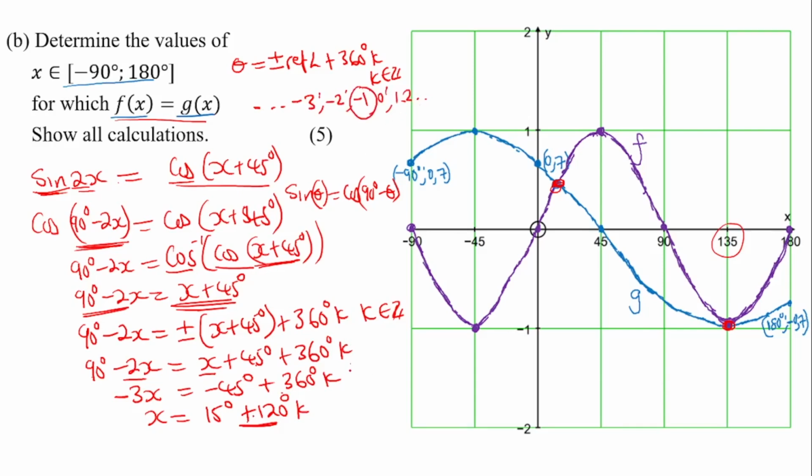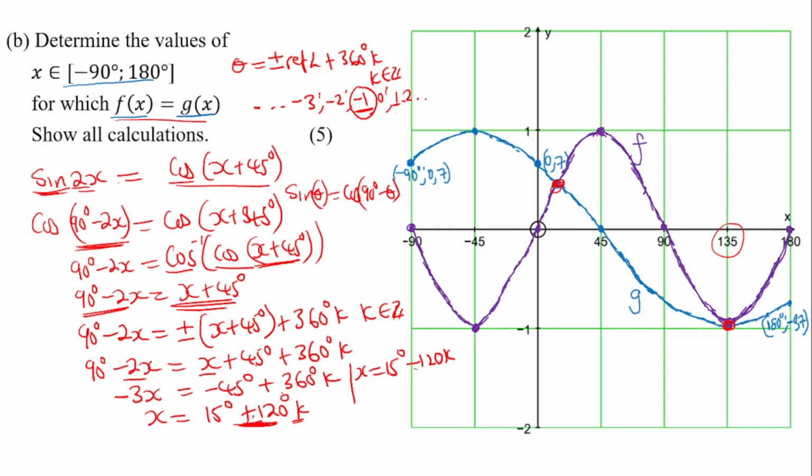If I had written it like this, if I had said x is equal to 15 degrees minus 120k, for example, negative 1 was going to make this one positive, then 1 was going to maintain the sign. So it's still the same thing here, because 1 will maintain the sign and negative 1 will change the sign and make it negative. So it doesn't change anything if I say positive there.